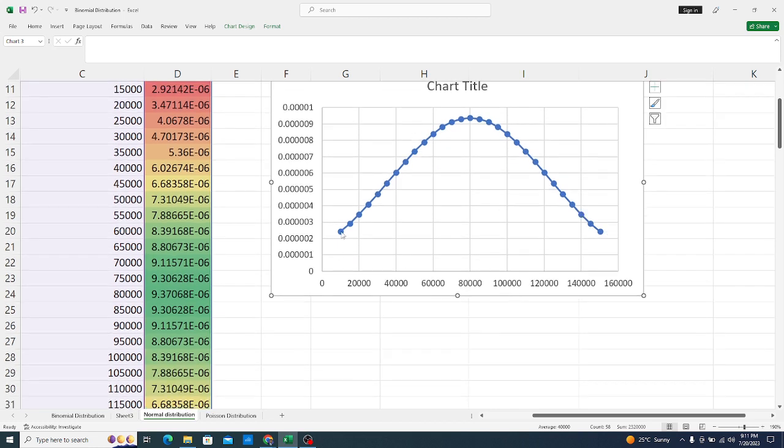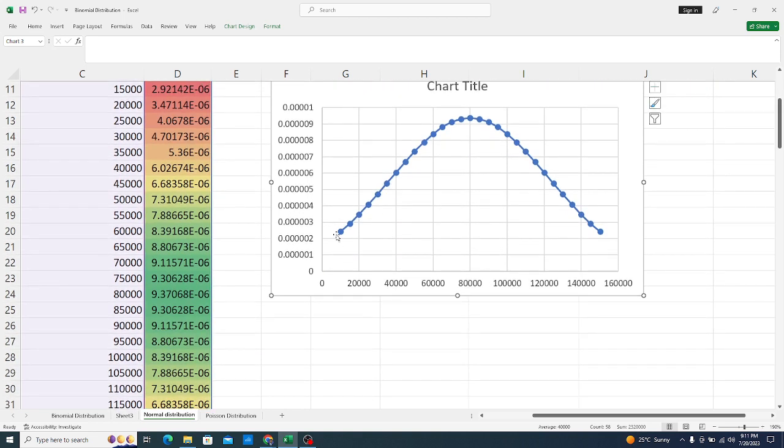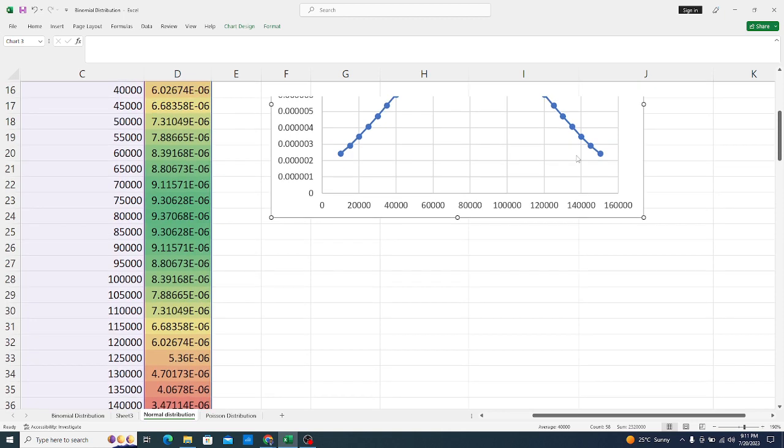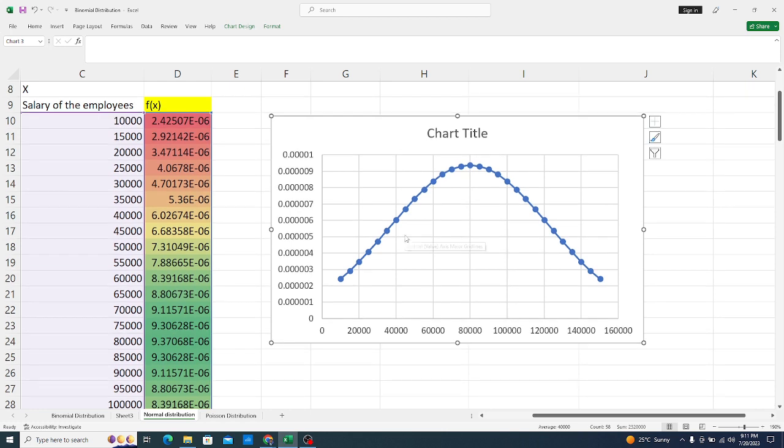So if we increase and decrease the values here towards 0, we'll almost get a perfect normal distribution, as we increase the salary range. So you can see now we have a normal distribution.